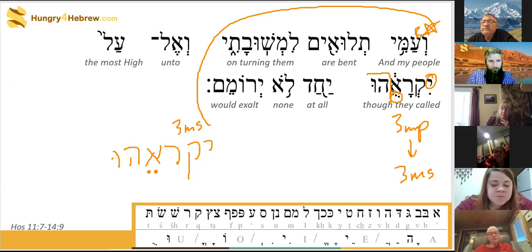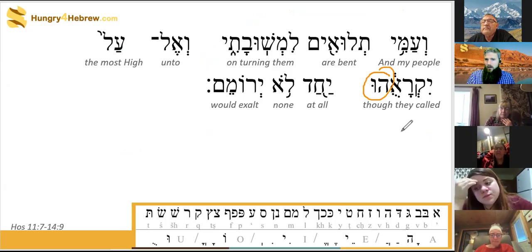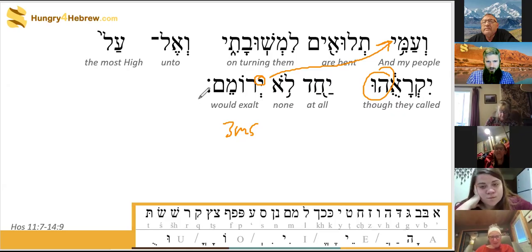Anywho, the subject is apparently still my people, and either he, it, or they call him. Who's the him? God. Yachad lo yiromem. Altogether, he, right, 3ms, does not, my people. See, there's another reason to think that it's supposed to be 3ms, because this one is a 3ms. My people, he, it, does not yiromem. Uh-oh. Yiromem. What kind of a word is this?